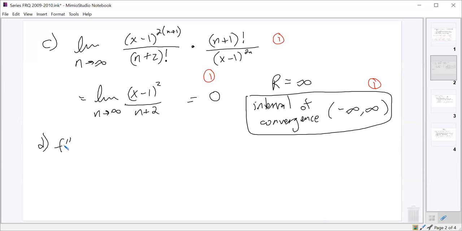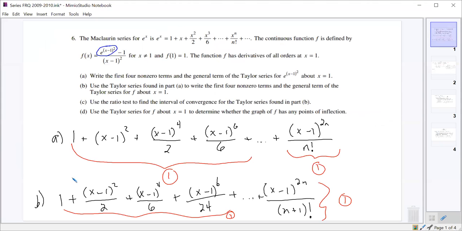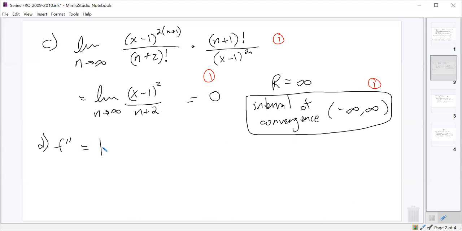And if I take f double prime of my first term of 1, that's going to be 0, right? If I take it of my next term, I'm going to get 2 times x minus 1 over 2. And when I take the derivative of that, I should get what? Just 1. So my second derivative starts out as 1.